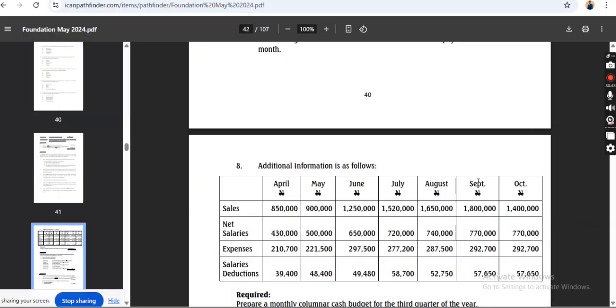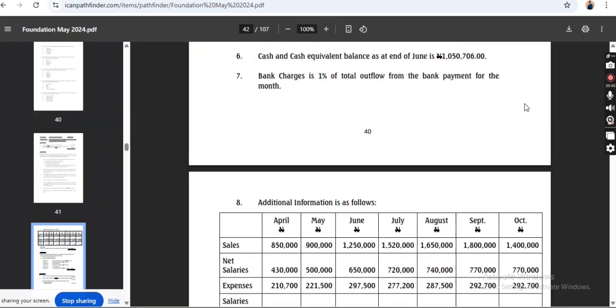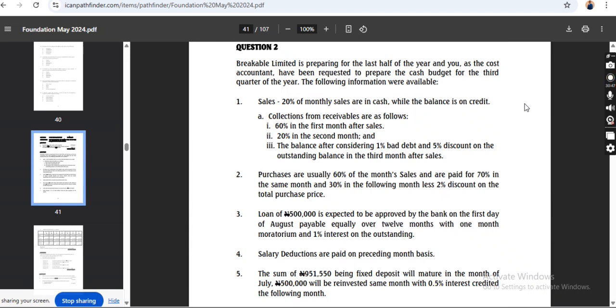Okay. Now, if this is established, 20% in the what? In the second month. It is a very technical question. If you don't pay attention very well, you may likely miss it, right? So please, let's move together.